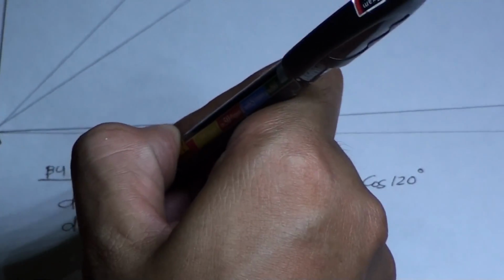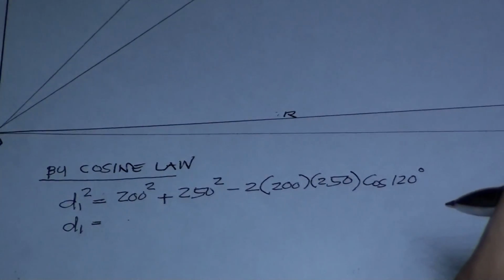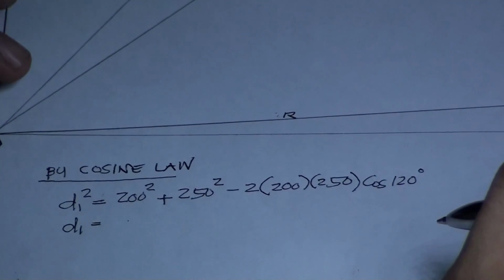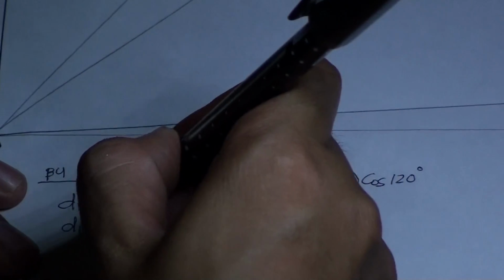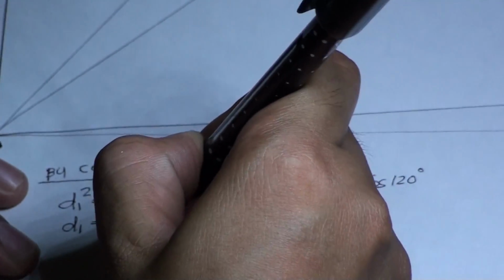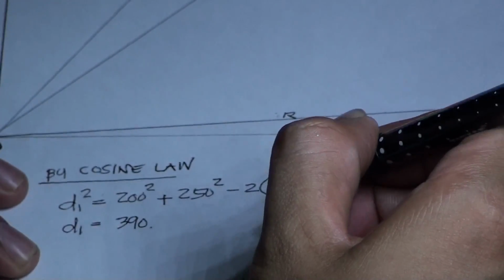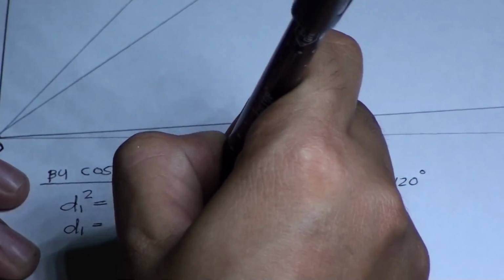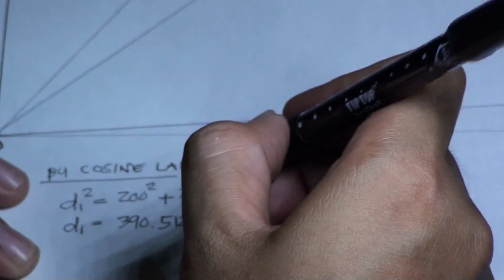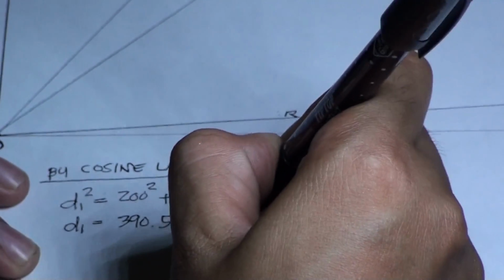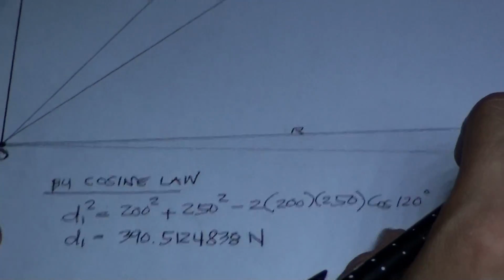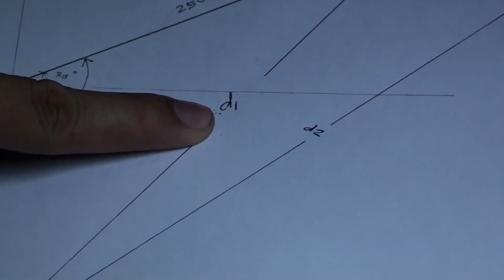So, ending up with a value of your D sub 1 equivalent to 390.512 Newton. So that is now the value for D sub 1, which is this one.